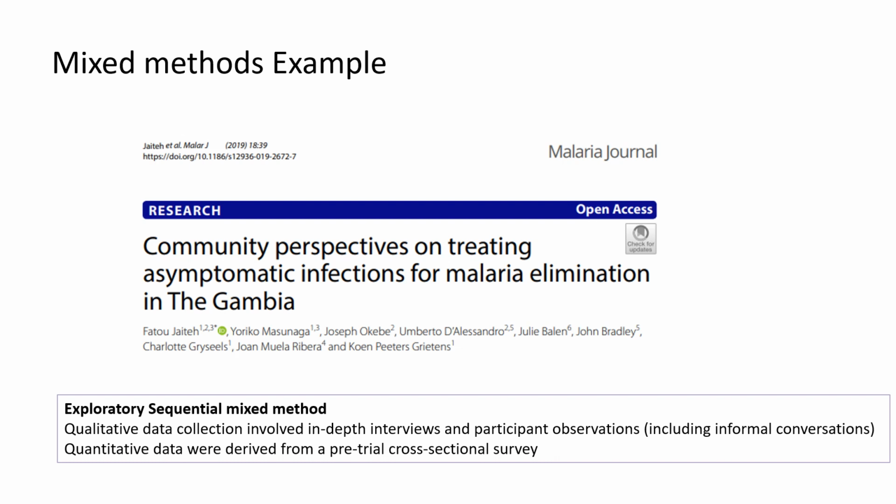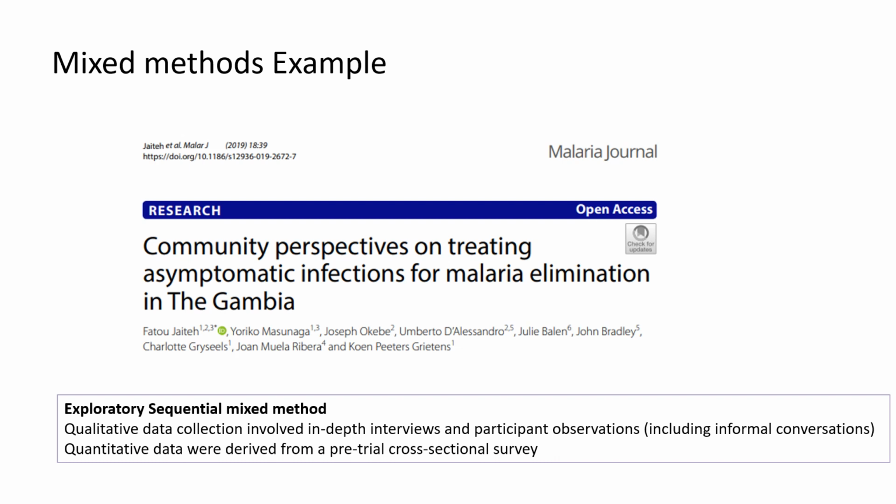Here is an example of a mixed method study that was done here in the Gambia. It was looking at community perspectives on treating asymptomatic infections. I'll encourage you, you can look at the article itself. It was an exploratory sequential mixed method. So the researchers started with a qualitative data collection where they involved in-depth interviews, which we talked about when we talked about qualitative studies, and they also had participants' observations.